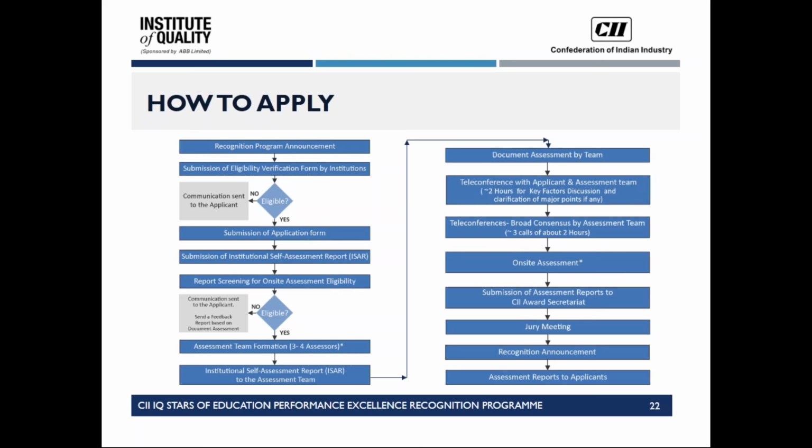If the institutions are deemed fit, they'll move forward, or else the committee or the secretariat will communicate to the applicant about the eligibility loopholes or gaps. And once the application is successful, submission of application forms happens.